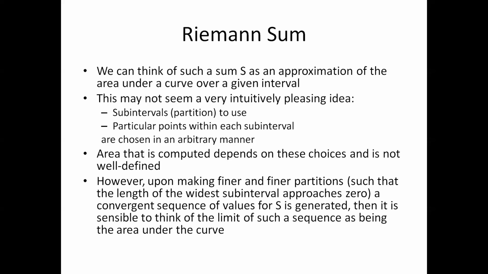Therefore, the Riemann sum will depend upon the choice. So if I choose a particular subinterval and omega, I will get a particular Riemann sum. You will get a completely different sum depending upon your choice. So apparently, the Riemann sum is not well defined.